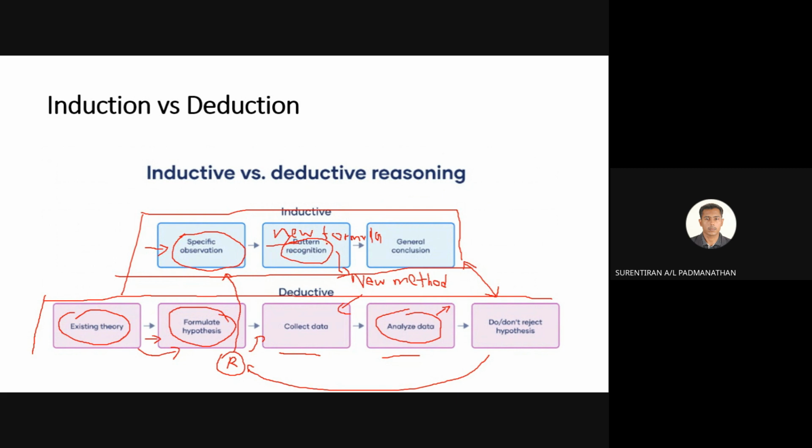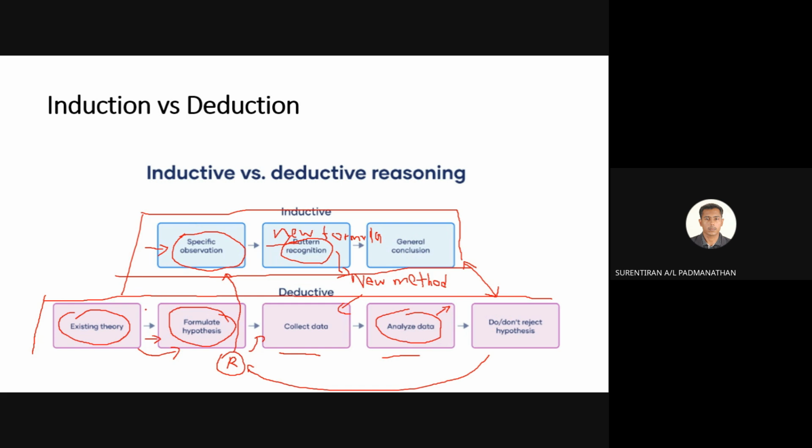Then you come out with a new formula or a new method. And you try to prove it using your mathematical skills or your theoretical understanding, right? Then after that, you do a general conclusion. This is for inductive.